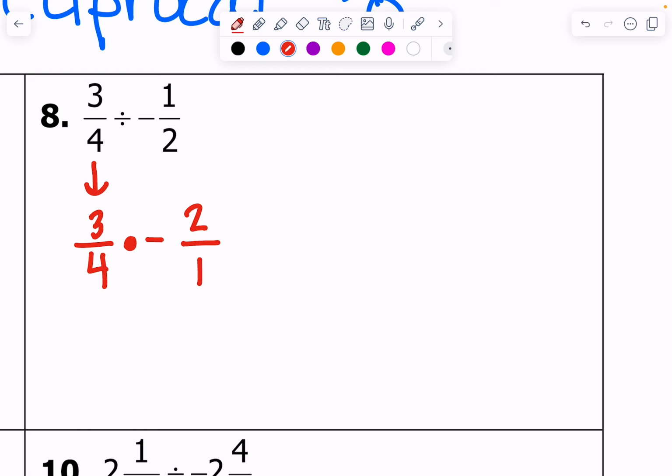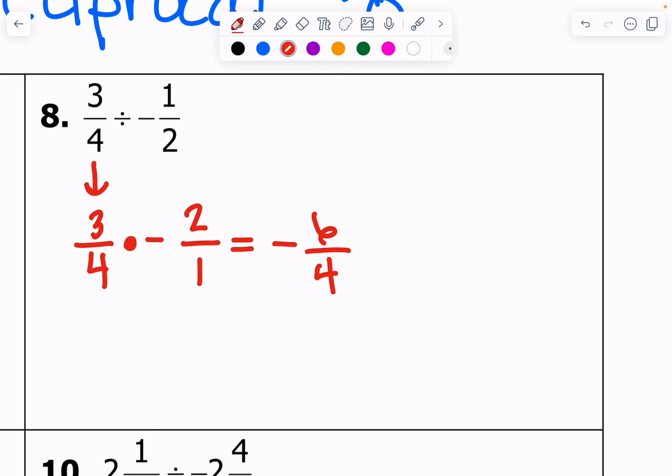Okay, first I guess we should probably talk about, hey, this is a negative. We have a positive times a negative number, so we know our answer is going to be negative. When we multiply across, 3 times 2 is 6. When we multiply across here, 4 times 1 is 4.